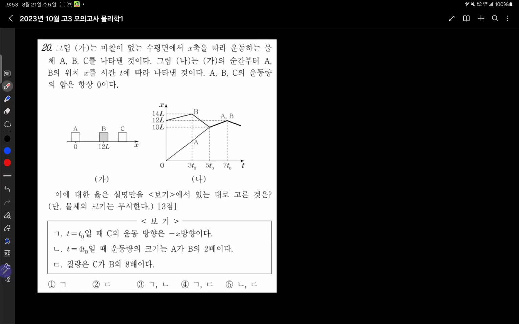So from the graph, we can set the velocity as the length divided by the unit time. In this case, unit time is t0 and unit length is capital L. So V is L divided by t0.